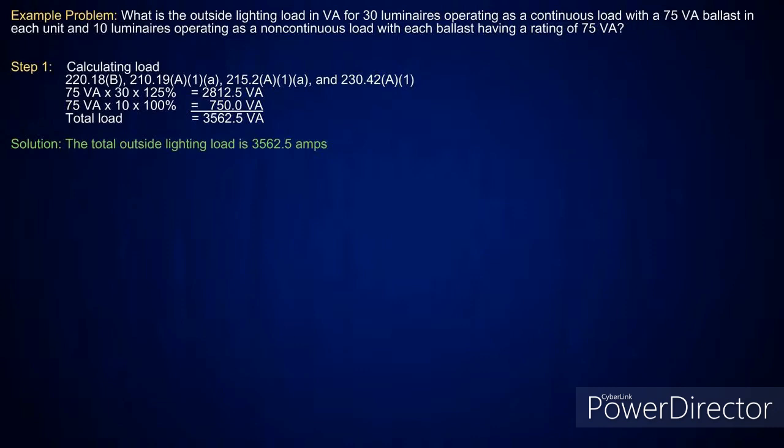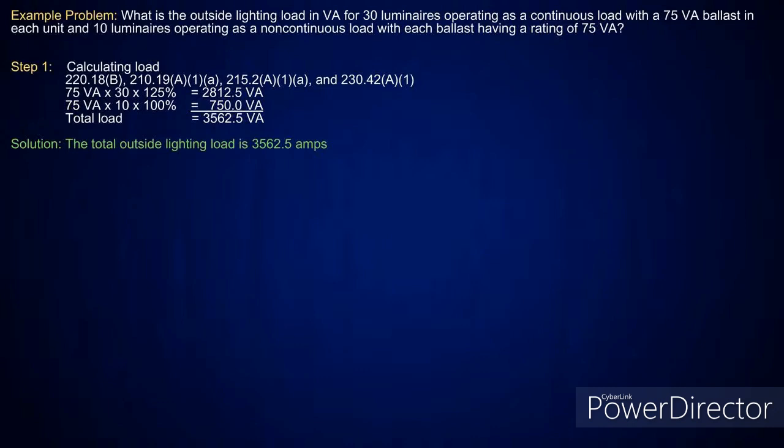And then I've got 10 luminaires operating as a non-continuous load, each ballast having a rating of 75 VA. Same thing: you've got 75 VA times 30 for your continuous. If it's continuous, I take it at 125%.